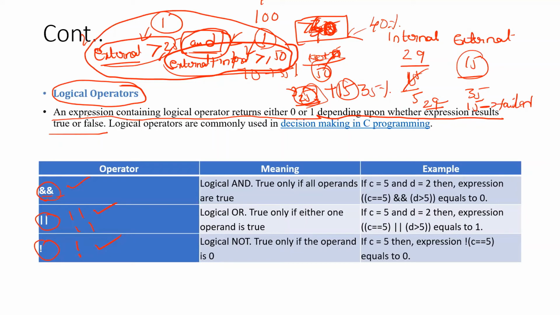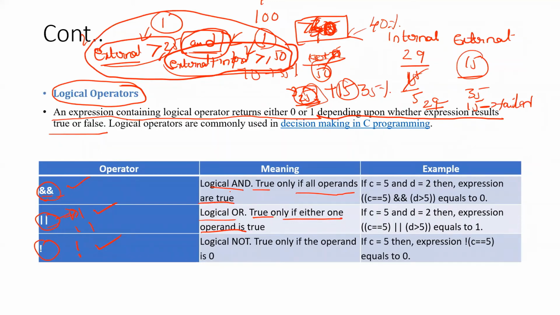Similarly, we have OR. When it comes to OR, any one condition can be satisfied, not both. In that situation, OR will be used. Logical OR is true if either operand is true. But logical AND is true only if all the operands are true.